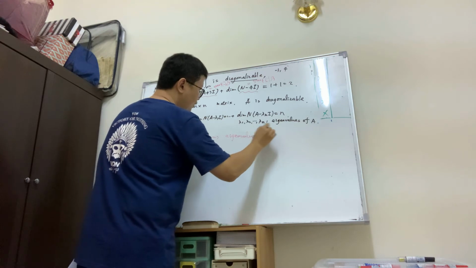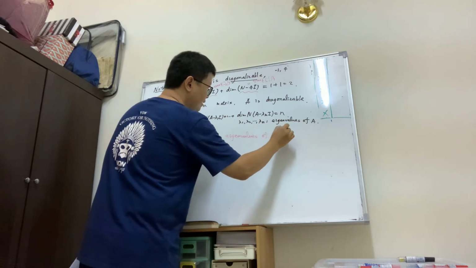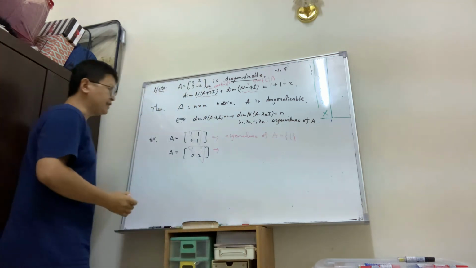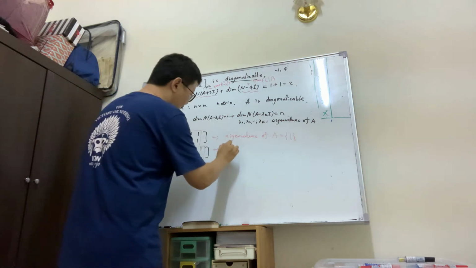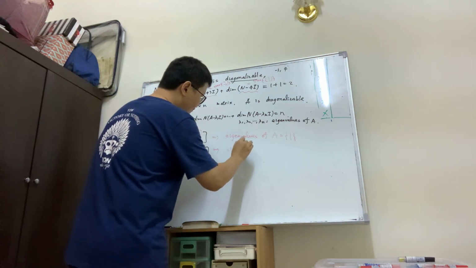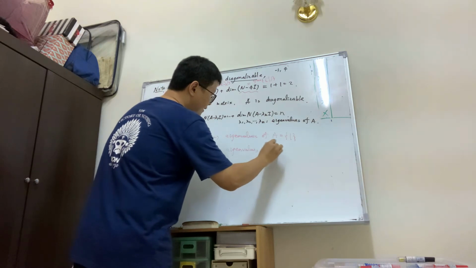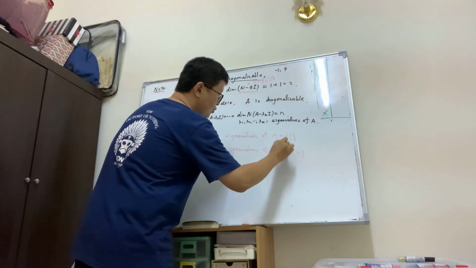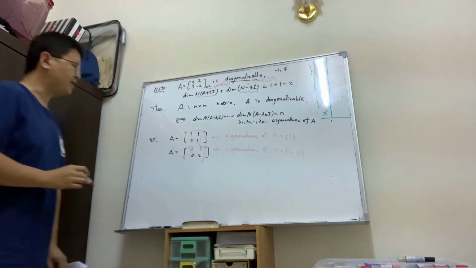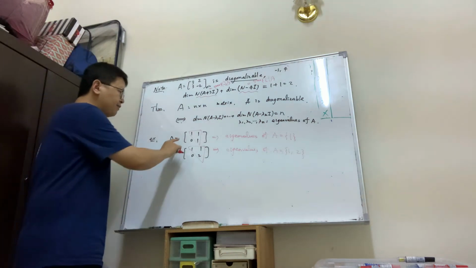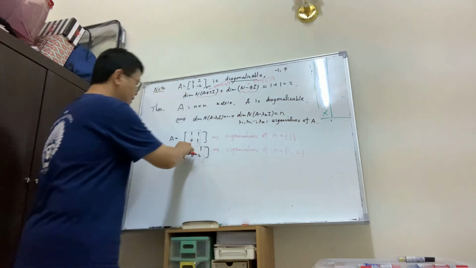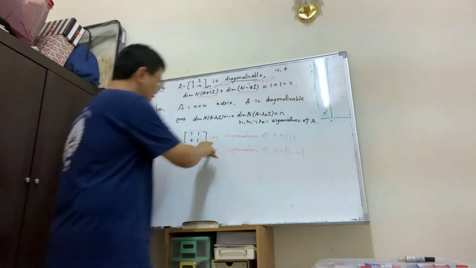For the first matrix, the eigenvalue is just 1. And for the second one, its eigenvalues are 1 and 2, two values, right?